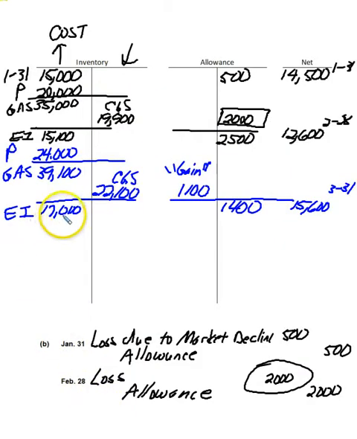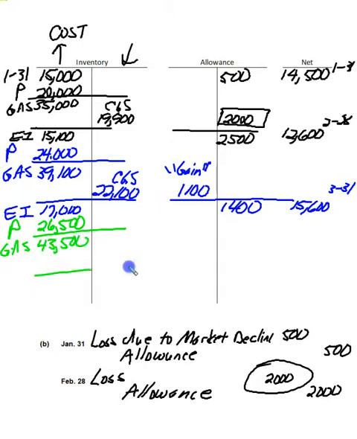So let's move on to April. So March's ending becomes April's beginning. And then April had purchases of 26,500, which gives us goods available for sale of 43,500.